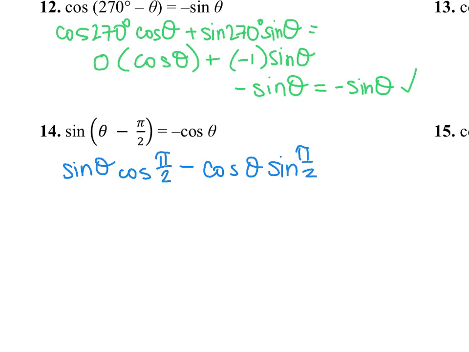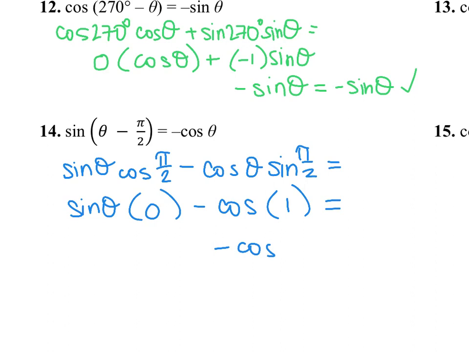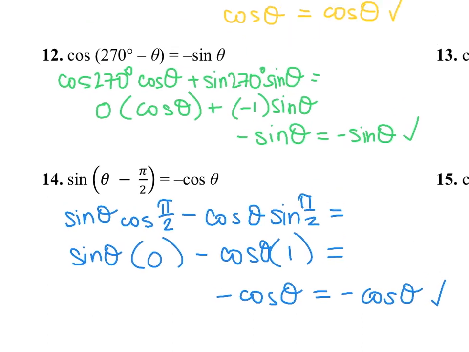But pi over 2 is just 90 degrees, so you want to look at your unit circle at 90 degrees, and the x-coordinate for cosine is 0 there, and the y-coordinate for sine is equal to 1. So this simplifies down to cosine, drop my theta, no floating trig functions, and that's your verification. Hopefully you guys get a good handle on that.